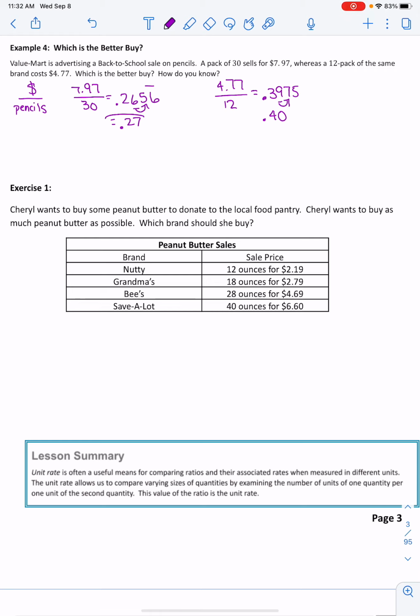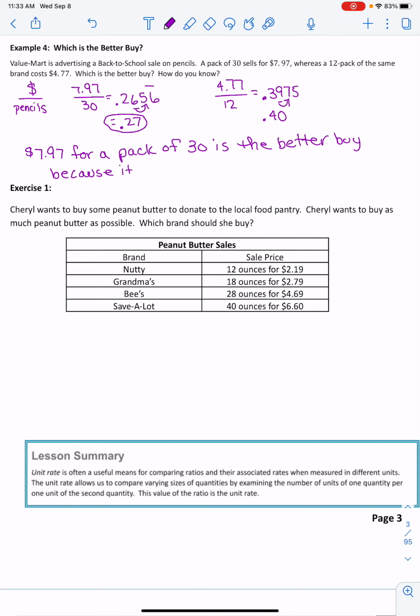So this is our better buy. The $7.97 for the pack of 30 is the better buy because it is cheaper per pencil.